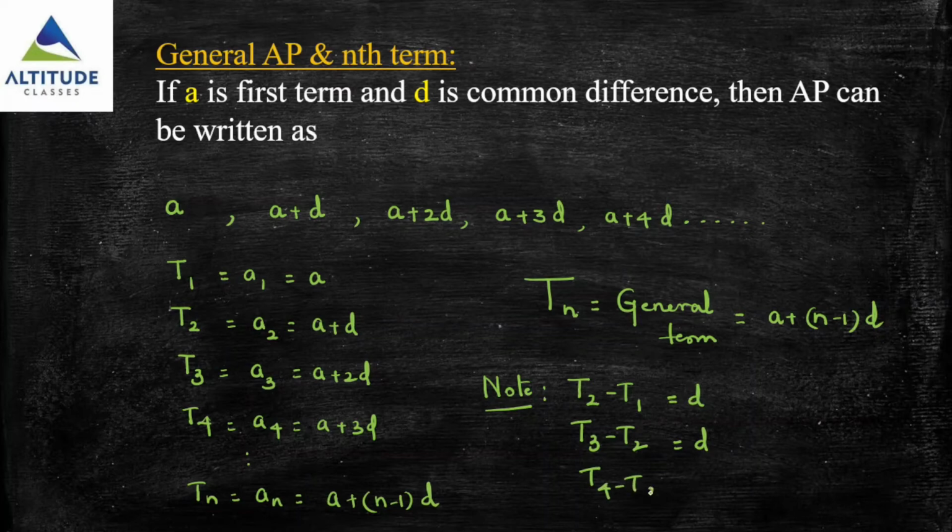Fourth term minus third term, again d. That means if you subtract any two consecutive terms, T4 minus T3, T10 minus T9, Tn minus Tn minus 1, that will always give you the common difference d. So Tn minus Tn minus 1 will always be equal to d.